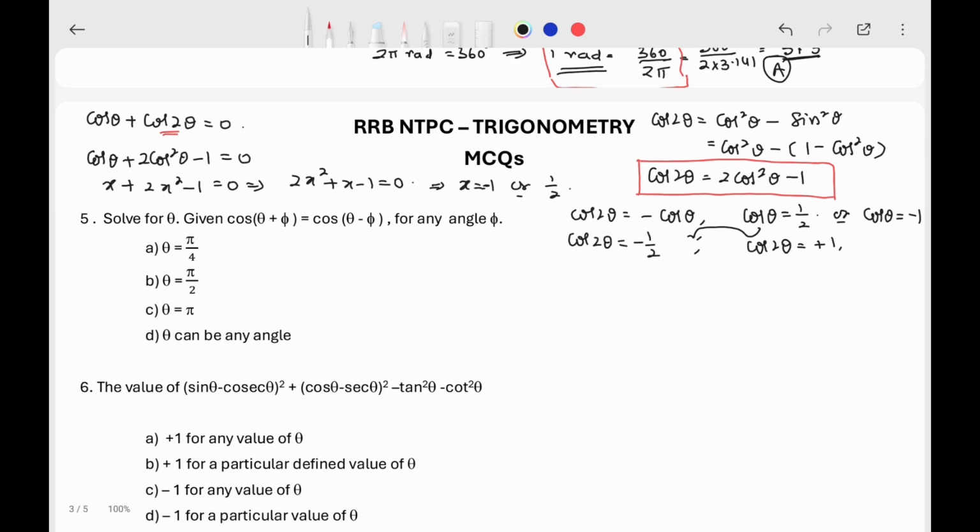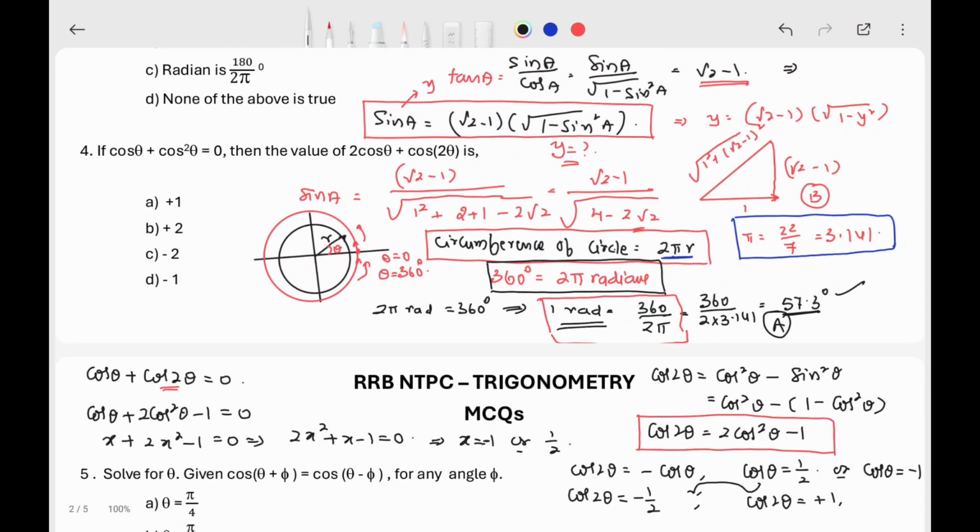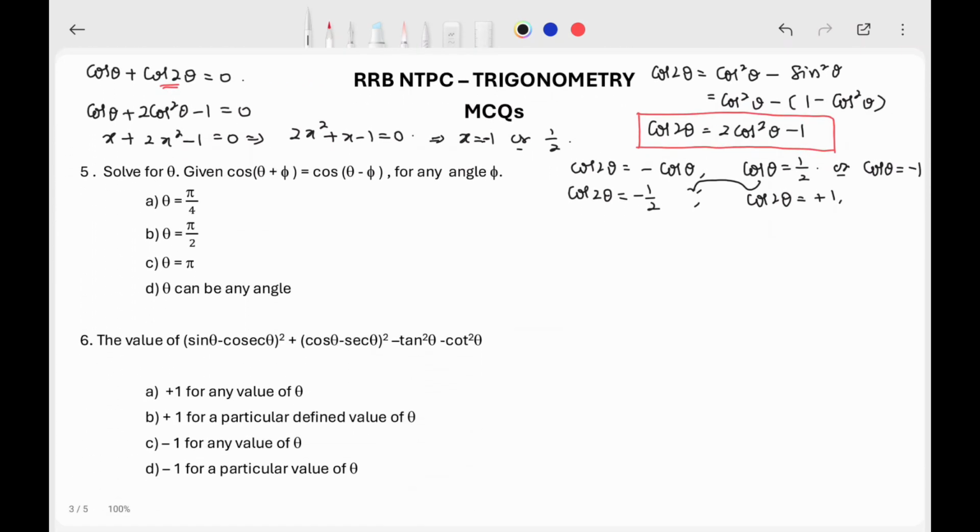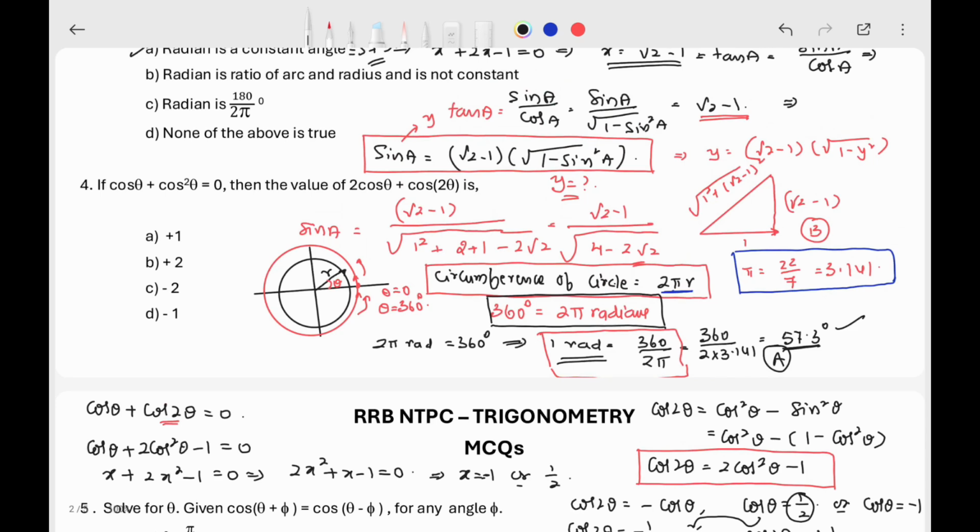Now, what we have to find out? 2 cos theta plus cos 2 theta is equal to how much? 2 cos theta means 2 into half. Let us take this value first. 2 into half plus cos 2 theta is minus half. That means 1 minus half, that is equal to half. Is there any answer? No, there is no answer.